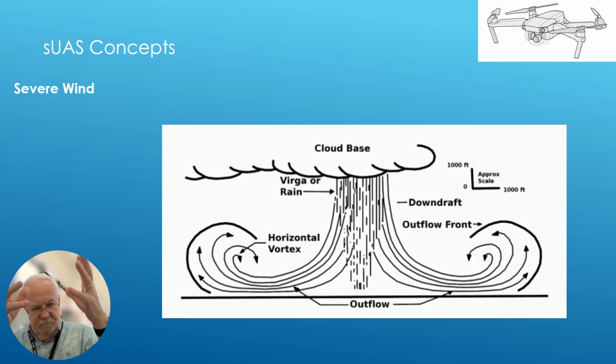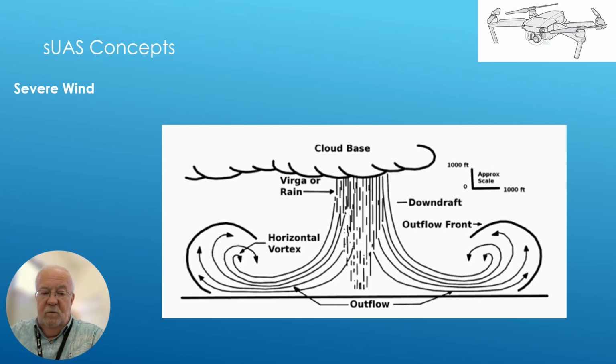The air, as it's being pulled down, has these little rotational waves that push out from it. So even if you're near a rain shower, you may have a large increase of wind, which causes turbulence or can be more serious. We'll get into that as we talk about thunderstorms, but just to give you an idea, this could be just a rain shower that would cause this downdraft here.